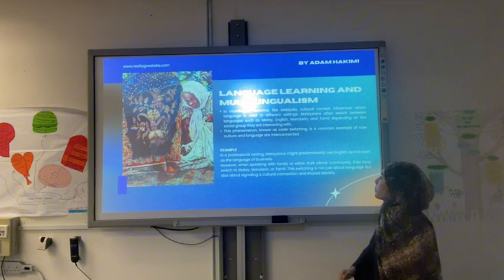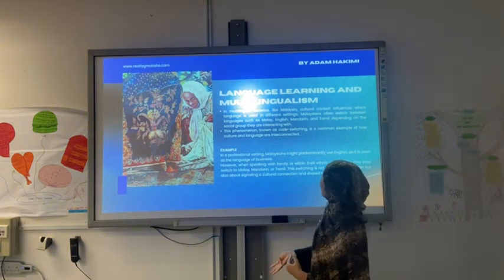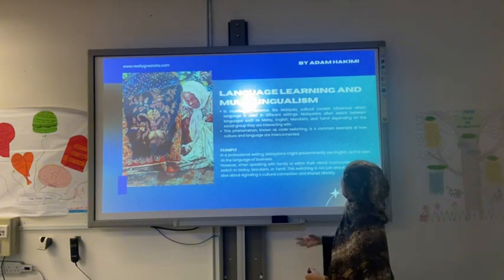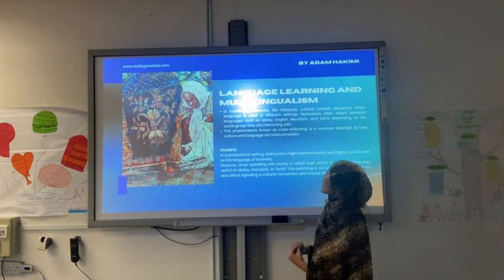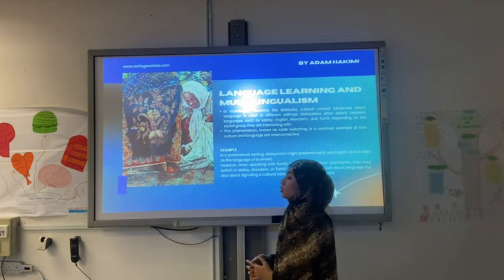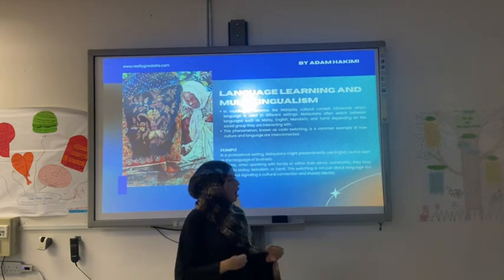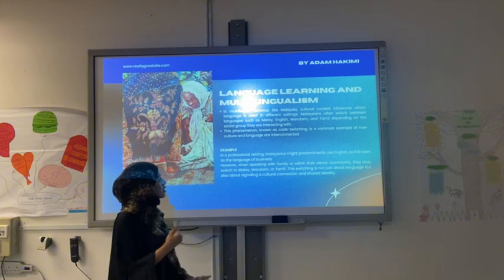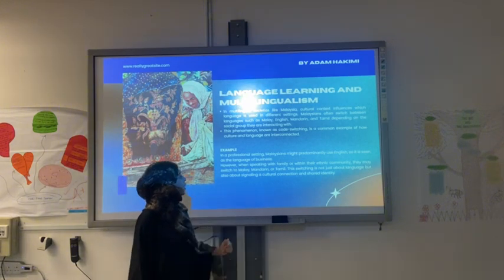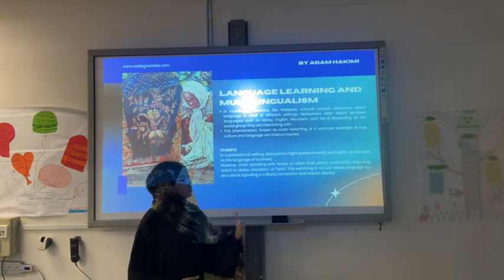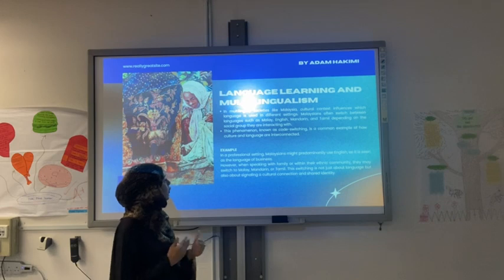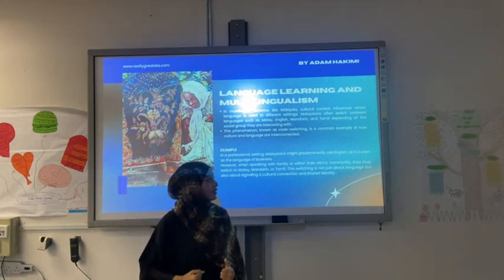Malaysians often switch between languages such as Malay, English, Mandarin and Tamil depending on the social group they are interacting with. This is due to our diverse tapestry of races in Malaysia. This phenomenon, known as code switching, is a common example of how culture and language are interconnected.